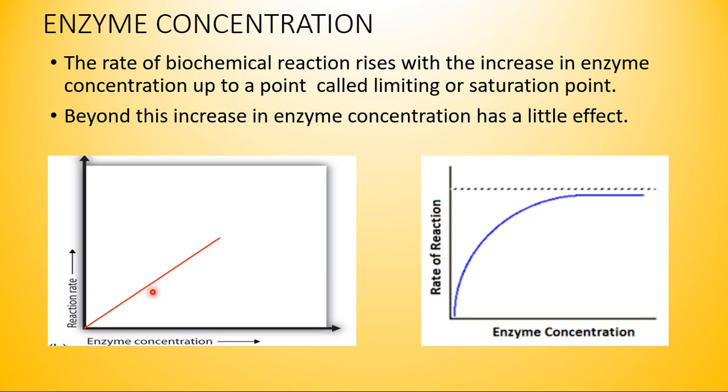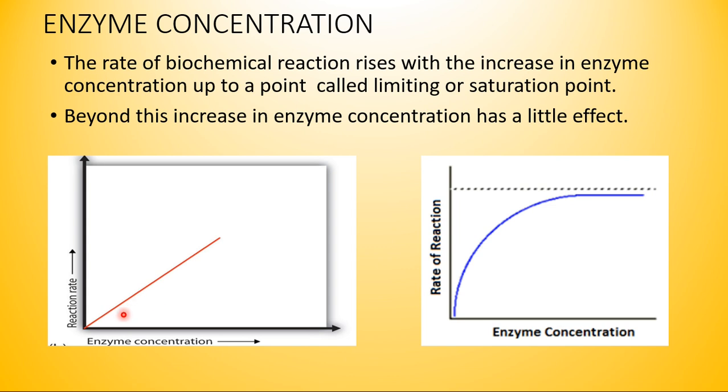You might think, shall we add more substrate? No, it won't show any increase, because all the enzyme active sites are going to be occupied by the substrates, and there will be no increase. So then you are going to have a graph like this.